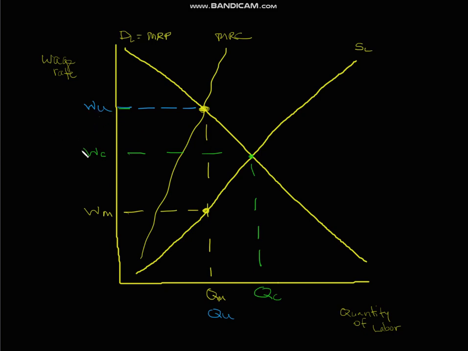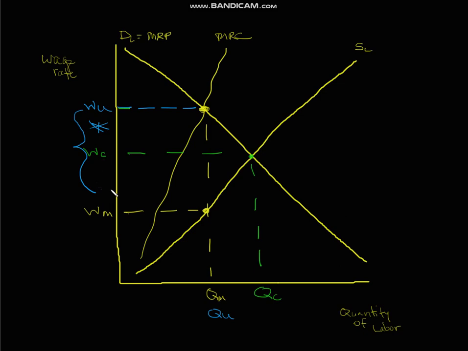Now the problem is we can't determine where this wage is going to be when you have a union with a monopsonistic employer. It's going to be somewhere in between. It just depends on who has the better collective bargaining position. If the union has a better bargaining position, it's going to be somewhere up here between WU and WC.